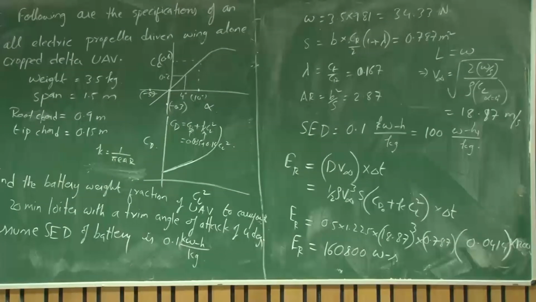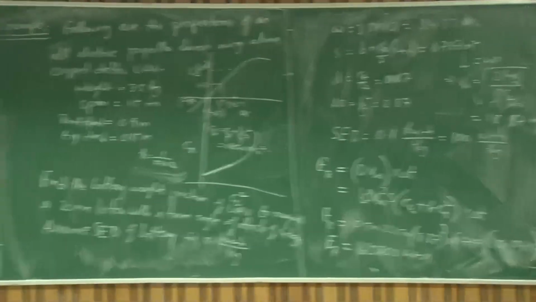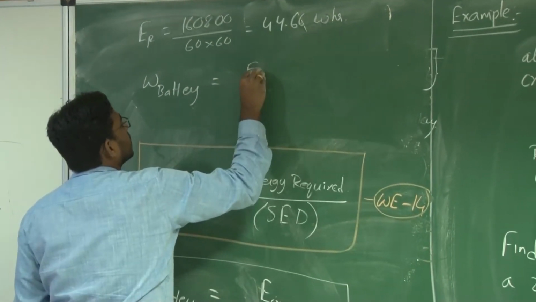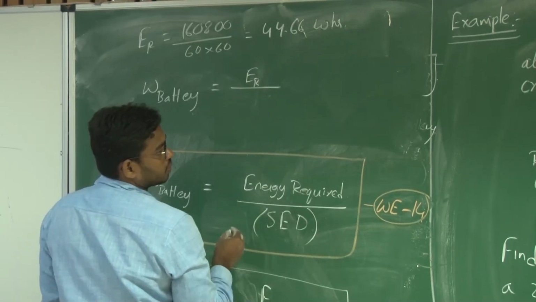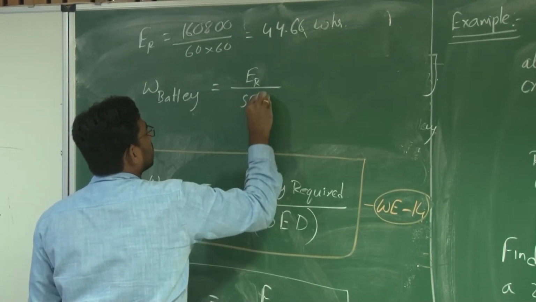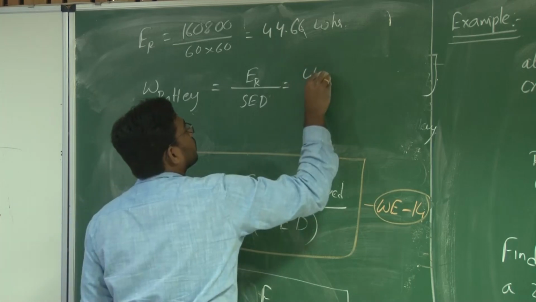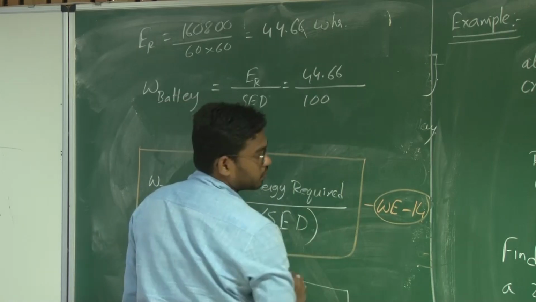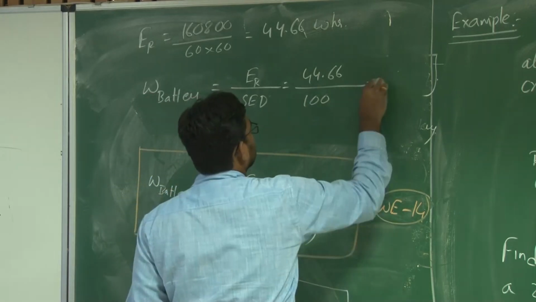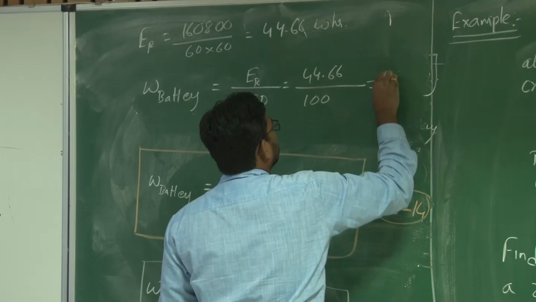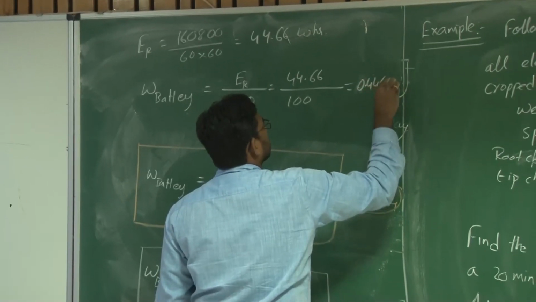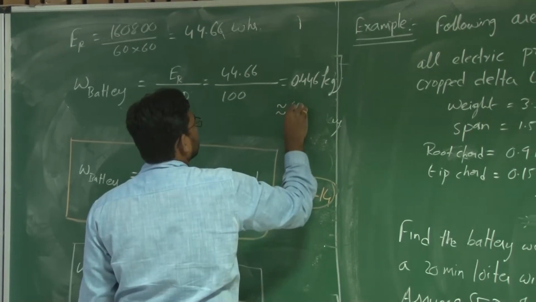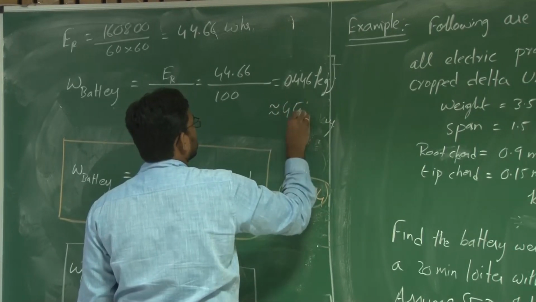Now the total battery weight should equal energy required divided by SED, which is 44.66 watt hour by 100 watt hour per kg, which is 0.4466 kg, approximately 440 or 450 grams.